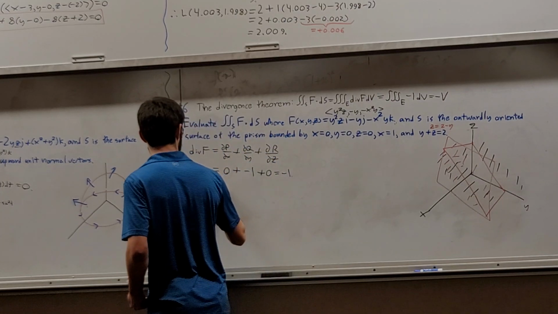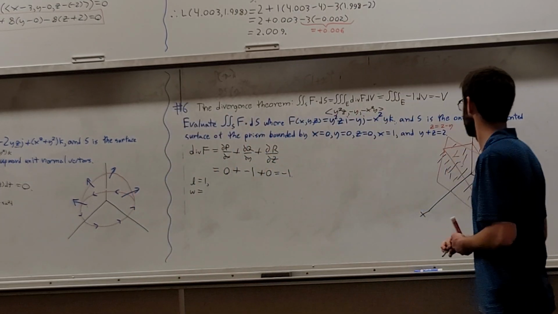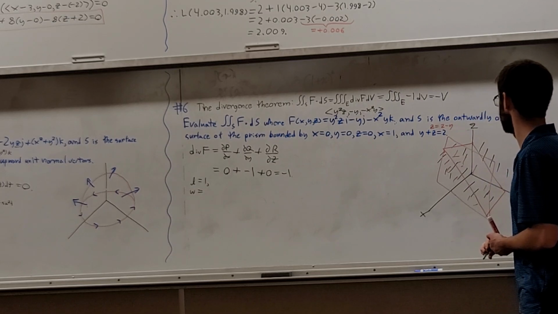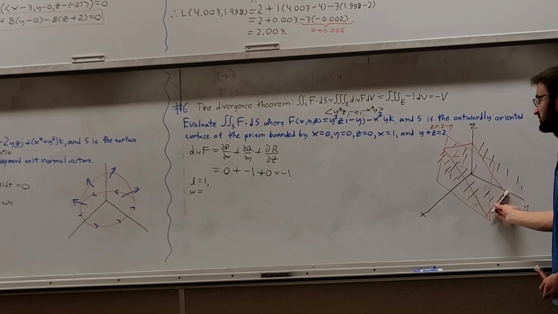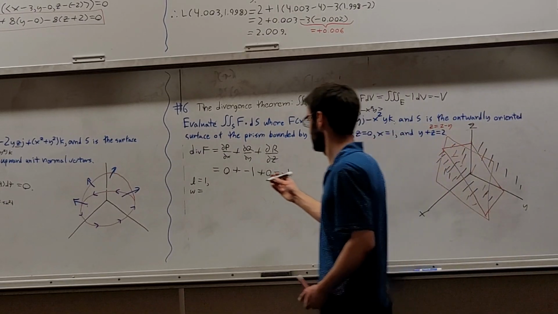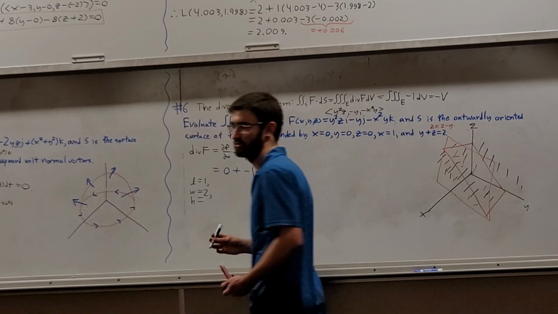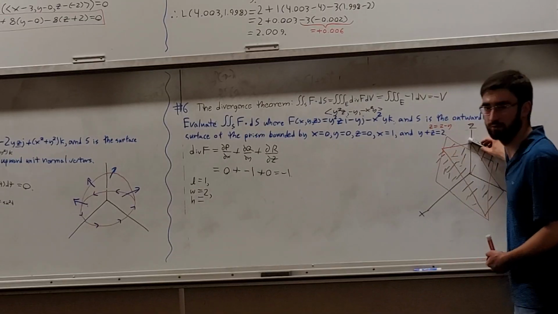The width is going to be 2, because at z equals 0 you get y equals 2. And the height is going to be 2, because if y equals 0, z is equal to 2.